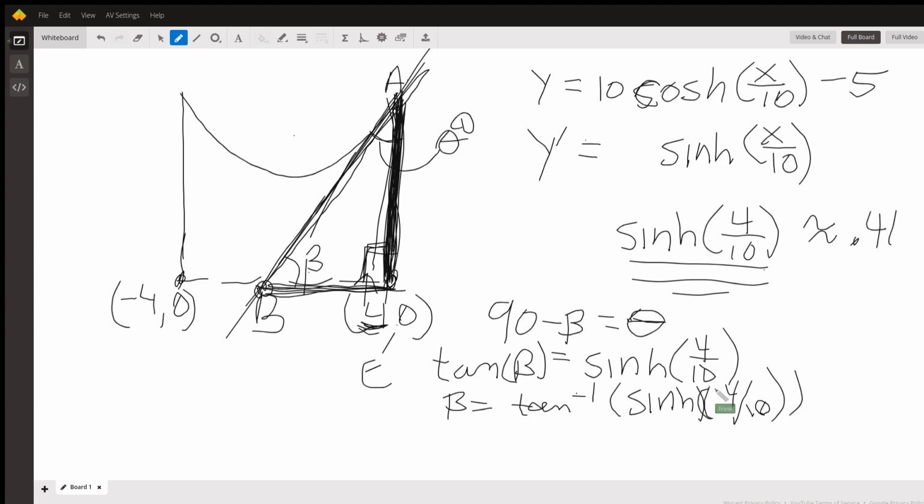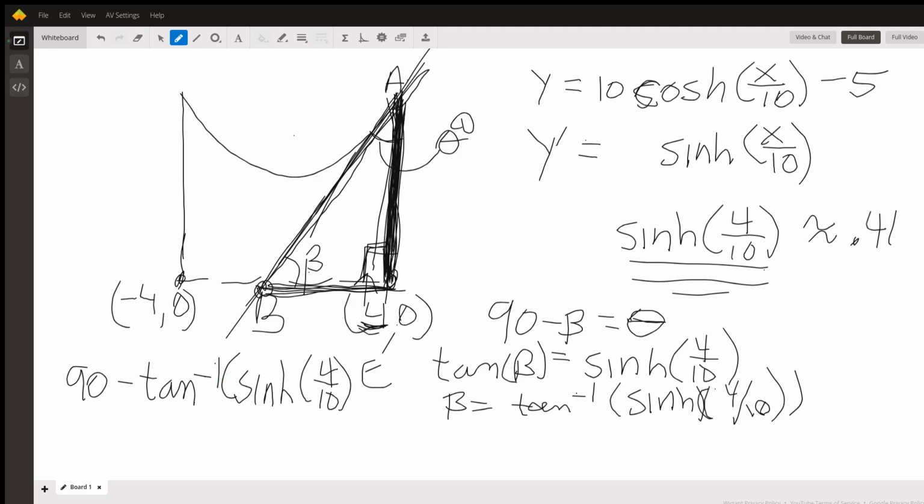And theta is just 90 minus beta. So I'll write it over here. It's 90 minus the arctangent of the hyperbolic sine of 4/10, or 2/5, whichever one you want.